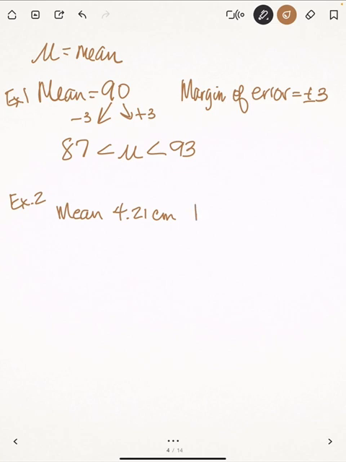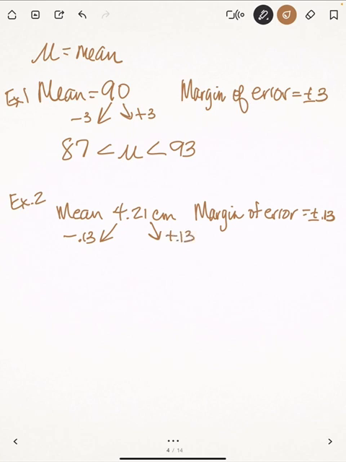So then the margin of error, meaning other baseballs, because no two baseballs may be exactly alike, so there's going to be some little variation, we're going to say is plus or minus 0.13 centimeters. So that basically means, just like we did before, we're going to subtract 0.13, and then add 0.13.